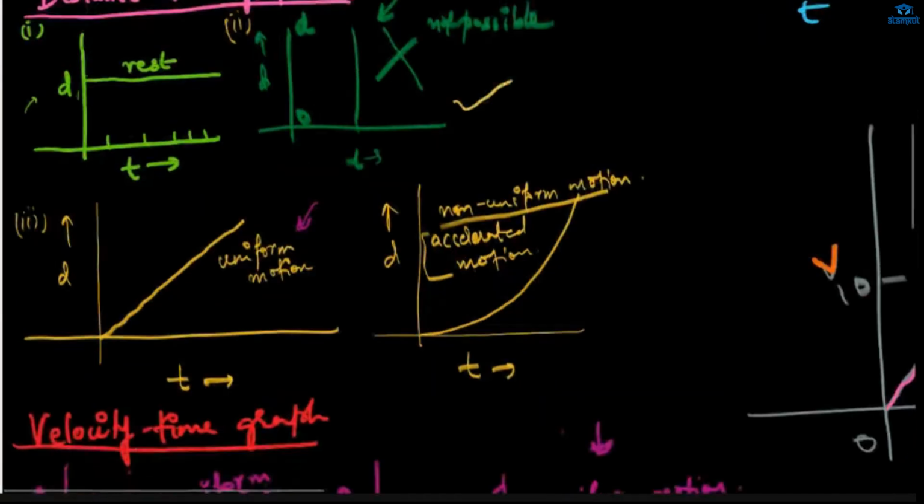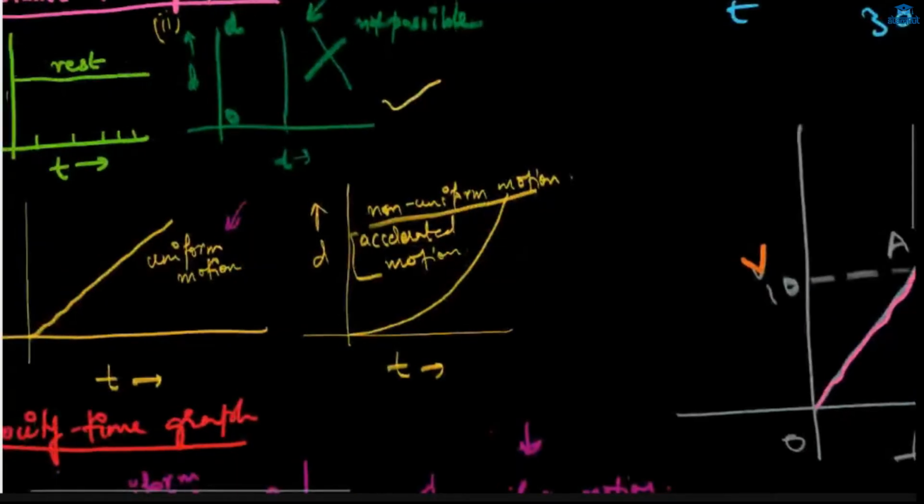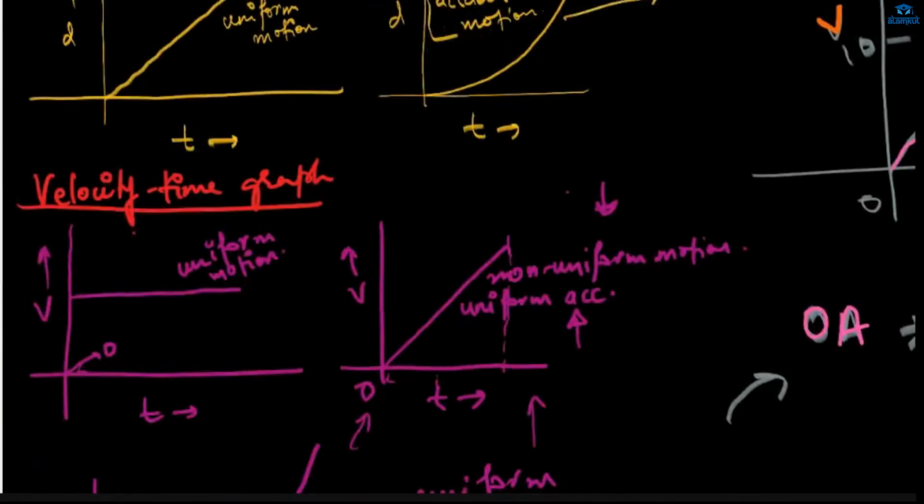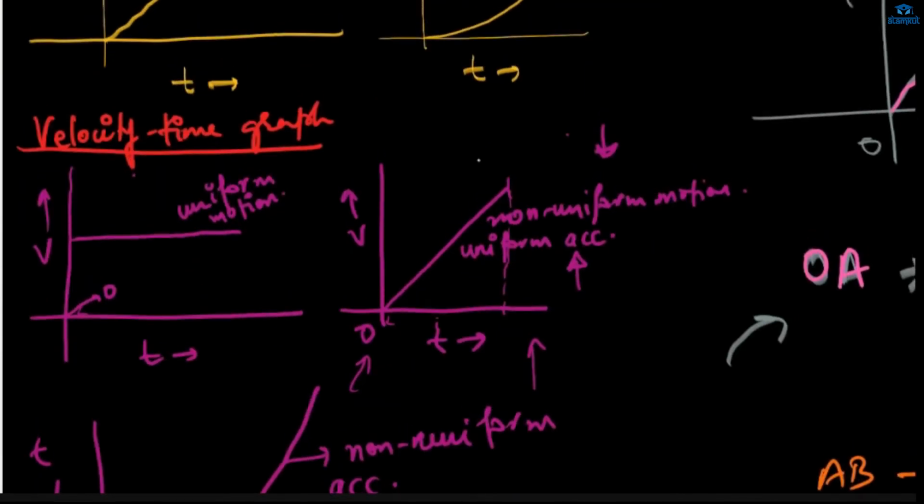This graph is wrong. Then for the DT graph, if it is a straight line, then it is uniform motion. And for this type of graph, it means that it is accelerated motion, and accelerated motion is always non-uniform motion. Okay, velocity-time graph: if it is parallel to the time axis, then the motion is said to be uniform.